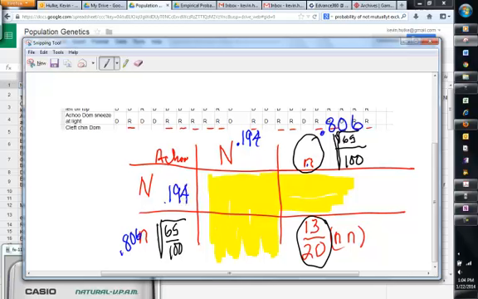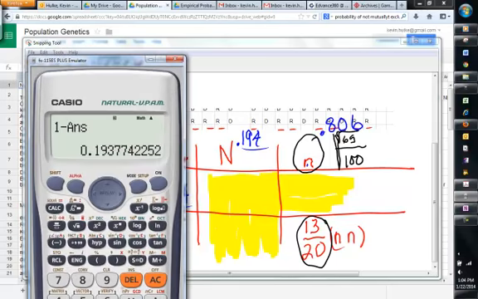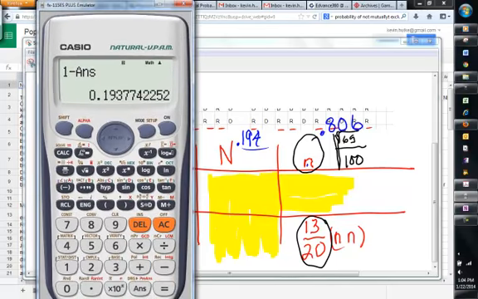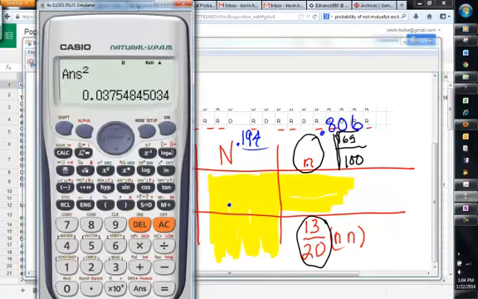Then we can figure out the other numbers. This box here is 0.194 times 0.194, so we're going to take that answer and square it. 0.194 times 0.194 is, what was that? 0.038.